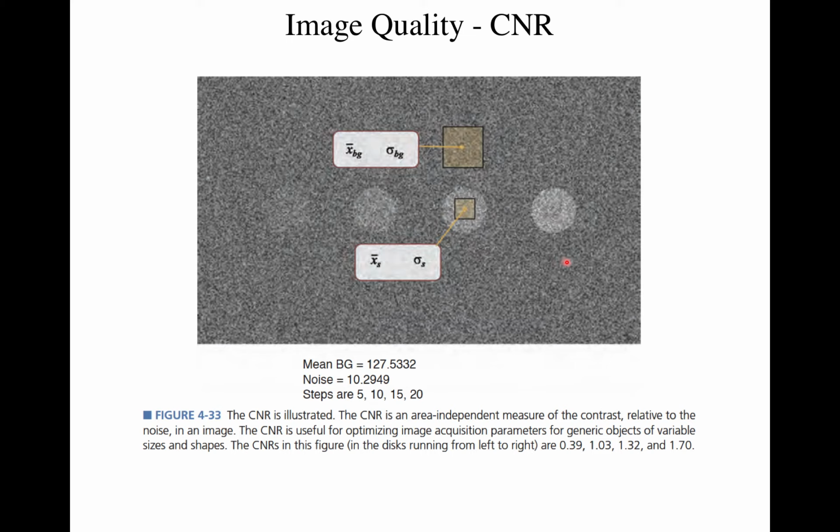So when we're looking at an image and we're trying to characterize the reproducibility or the image quality in terms of the contrast to noise ratio, it's important for us to measure the background noise. And so we can make a box and say inside that box we have 1,000 pixels. And we can measure what the mean of the background is and what the sigma of the background is. We look at our target, measure what the mean of the target is and the sigma of that target, and calculate the contrast of this compared to the background.